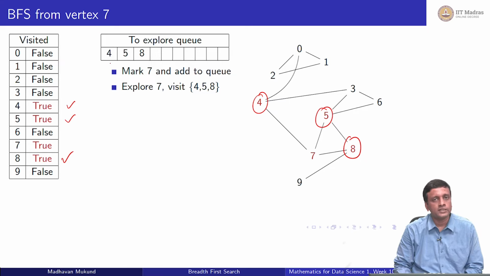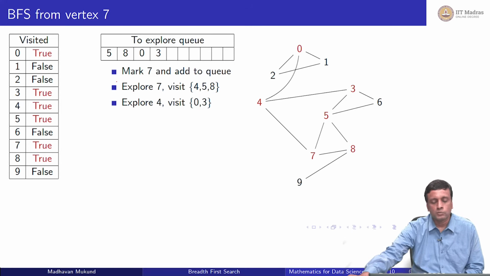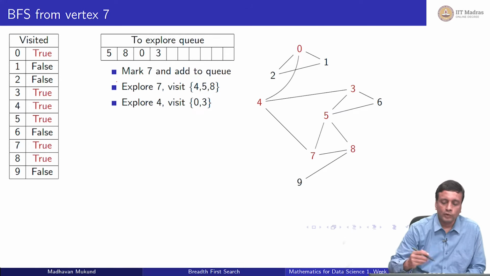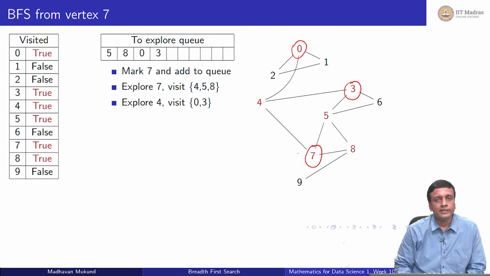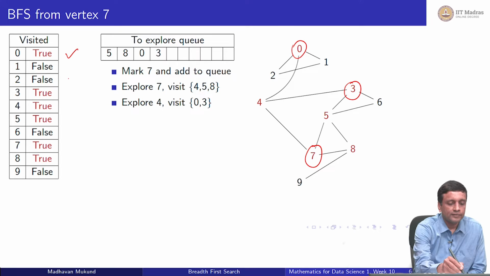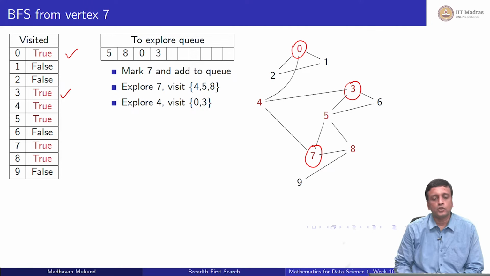Now the first vertex in the queue to be explored is 4. So the next step is to pick up the first vertex in the queue and explore it. If I look at 4, it has neighbors 0, 3 and 7. But 7 has already been visited, so I don't have to do anything about 7. I pick up the two which have not been visited, 0 and 3, and set their visited status to true.